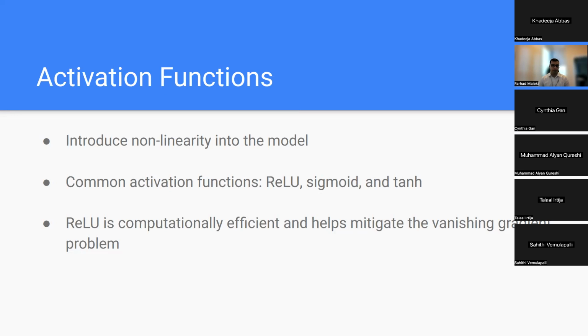ReLU, sigmoid, and tanh are the most common ones, but ReLU, of course, is very efficient and has benefits. For example, sigmoid has some downsides which lead to vanishing gradients. I don't want to go through details, but I think it has been covered in the previous session, so read about vanishing gradient and how it might affect the behavior of the model.